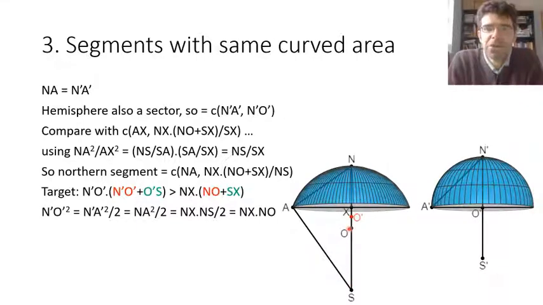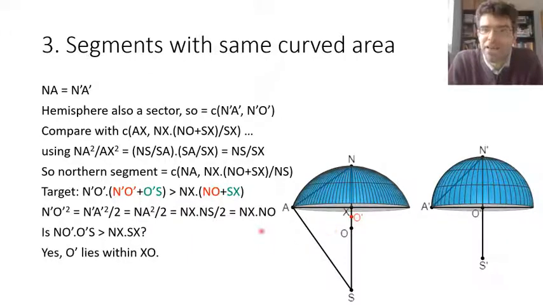So not only can we subtract one of the terms here and focus on showing that NO dash times O dash S is greater than NX times XS whenever X isn't at the centre, but also, as is familiar from Book 2 of Euclid's Elements, that inequality is equivalent to O dash being between X and O. And it clearly is because, as we've just seen, NO dash is actually the geometric mean of NX and NO. So this completes the proof.